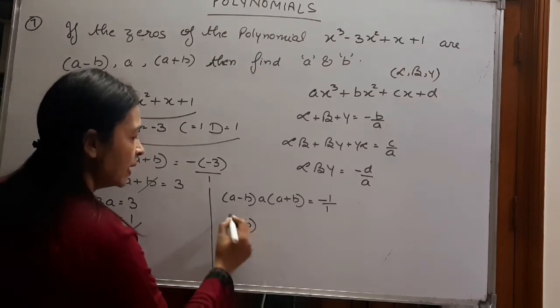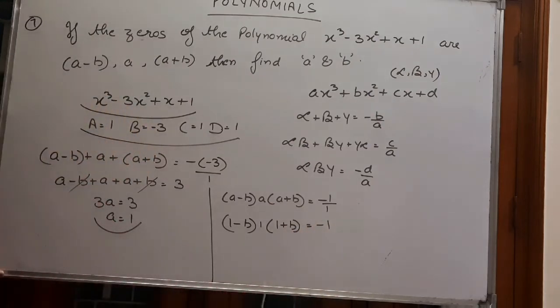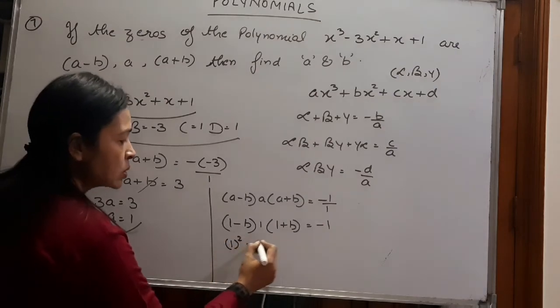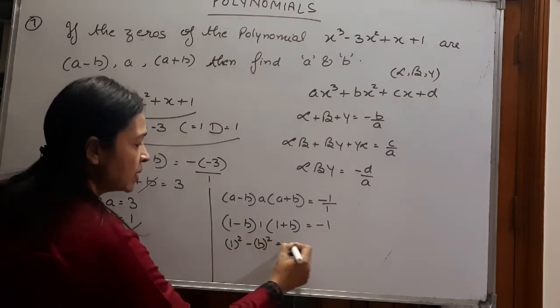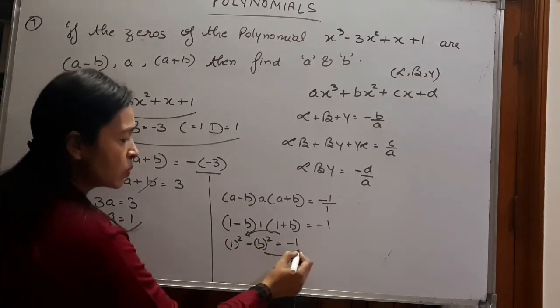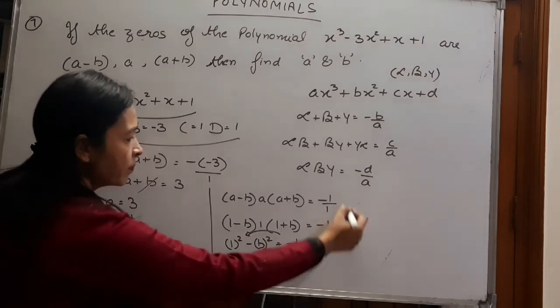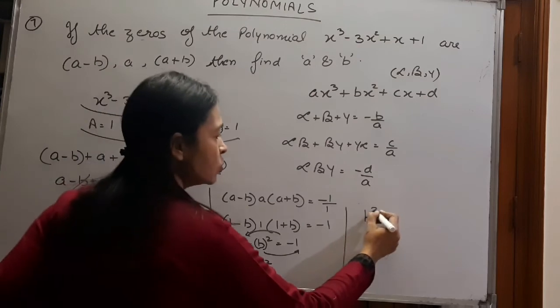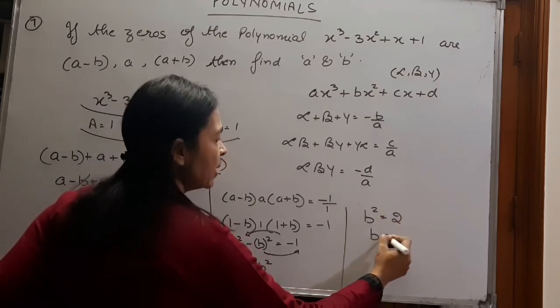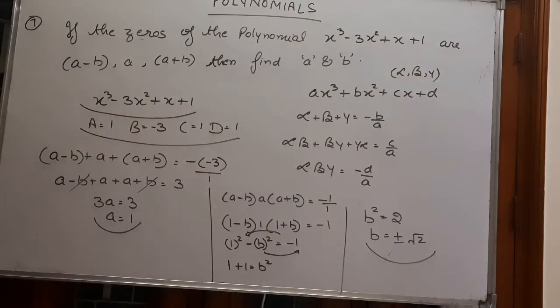We have 1 minus b into 1 plus b as minus 1. a minus b into a plus b is a whole square minus b whole square. 1 minus b square equals minus 1. 1 on the left hand side and b square on the right hand side. 1 plus 1 equals b square. We have b square equals 2. What is the value of b? Plus minus root 2. We have a as 1 and b as plus minus root 2.